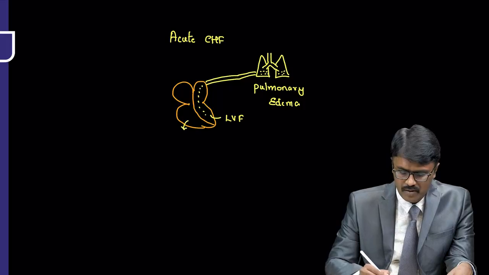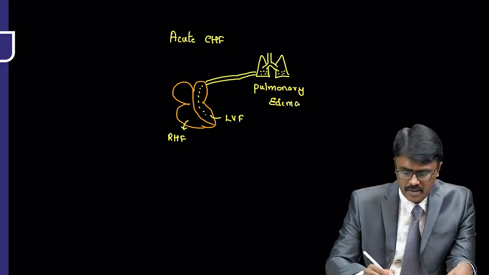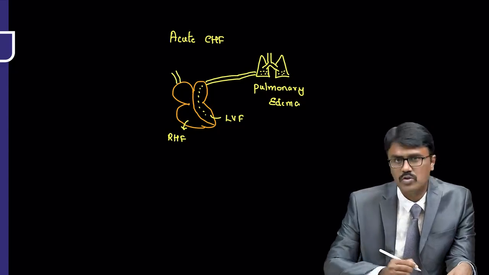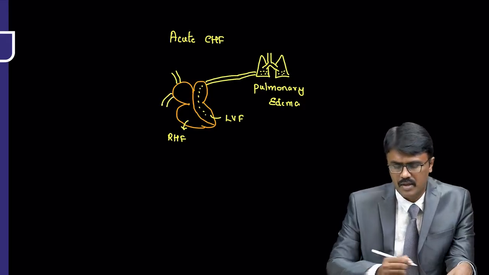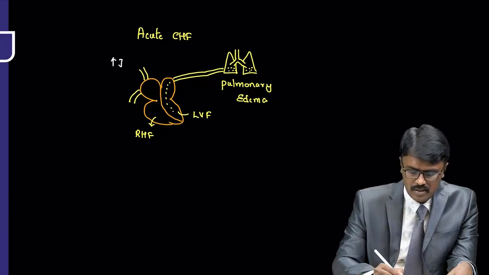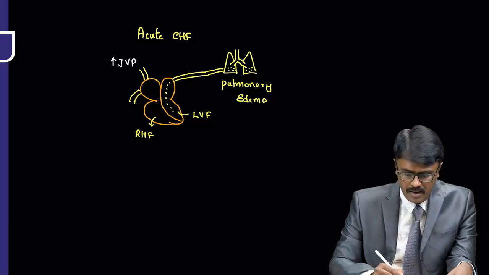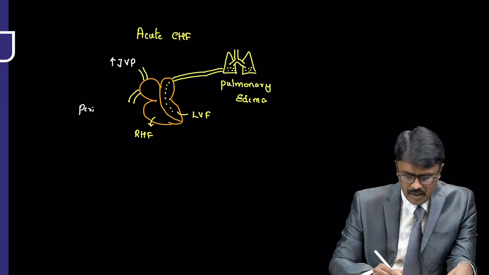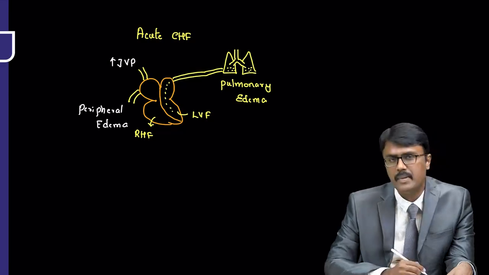Suppose there is a failure of the right heart. In right heart failure, the pressure is back on the superior vena cava as well as the inferior vena cava. So there is an increase in jugular venous pressure and what we see is peripheral edema.